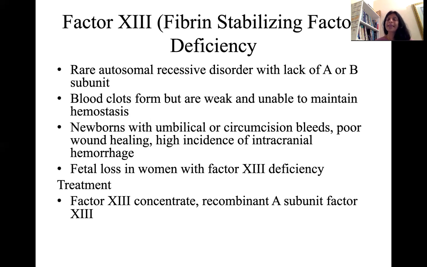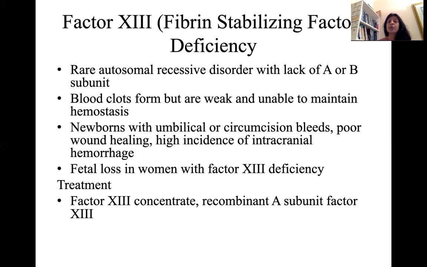It may not remain in its place and gets flushed out. So let's talk about what could cause this rare autosomal recessive disorder. Okay, it has two subunits. It may be due to the lack of the A subunit or the B subunit. So as I said, blood clots form but are weak and unable to maintain hemostasis.